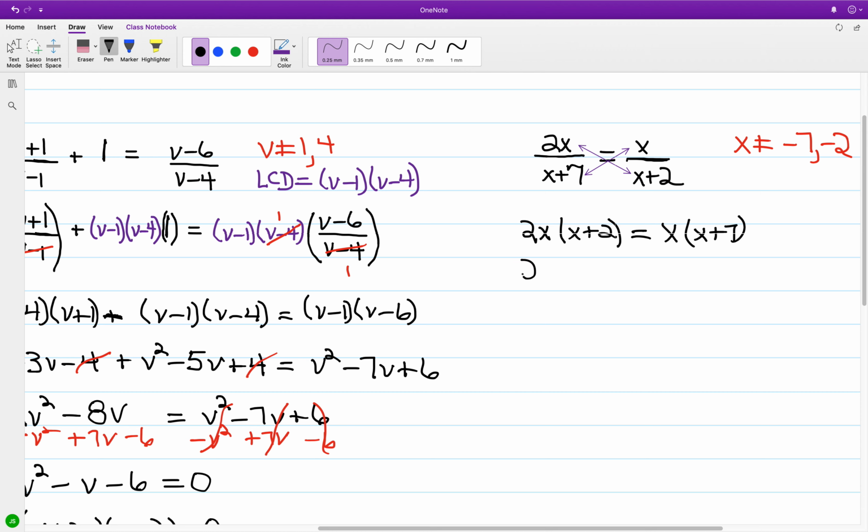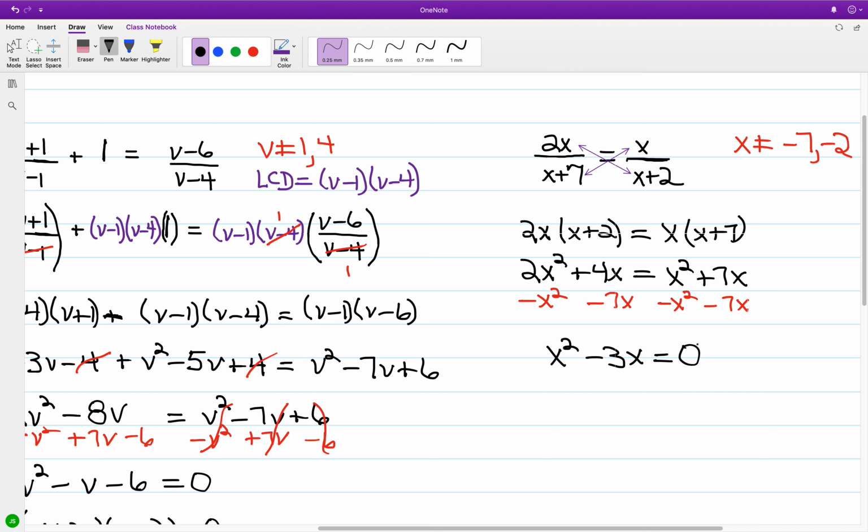And with the distribution, we have 2x squared plus 4x equal to x squared plus 7x. And looking at combining like terms together, I can just move the terms from the right hand side of the equation and subtract on both ends. So for 2x squared minus x squared, we have x squared minus 3x, and this is equal to 0.